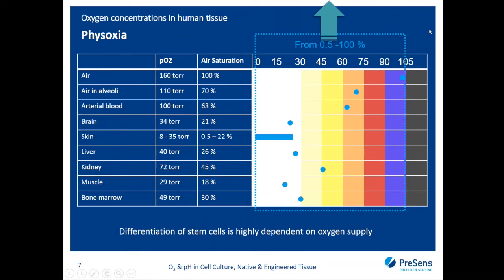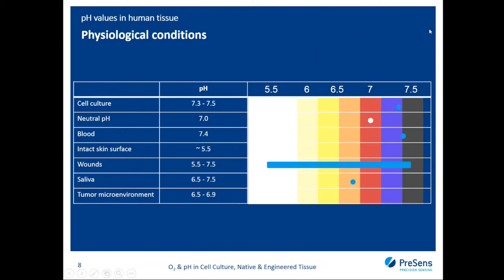I also prepared a short table on physiological pH values that can be found in human tissue, starting with a neutral value of pH 7. Cell culture in blood is slightly elevated, from 7.3 up to 7.5.